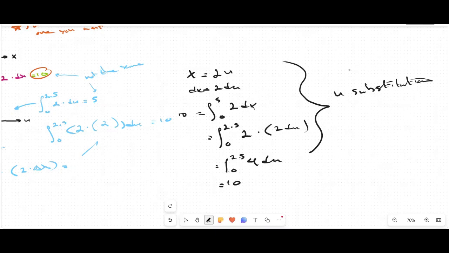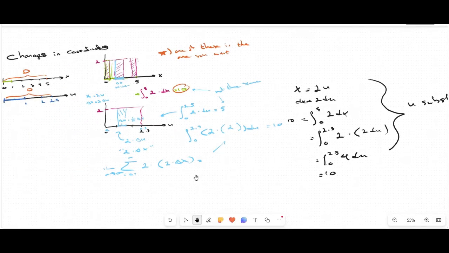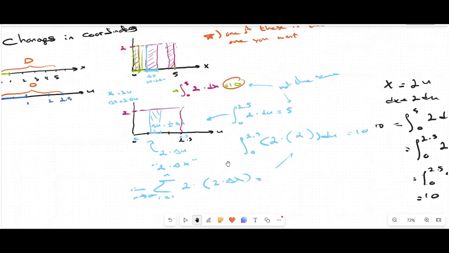So you learned this when you first learned integral calculus. But look here. Hidden inside of that technique is this idea that x and u may both represent distinct coordinate systems on the same object, an interval, for instance, or a two-dimensional object in a second when we go up.